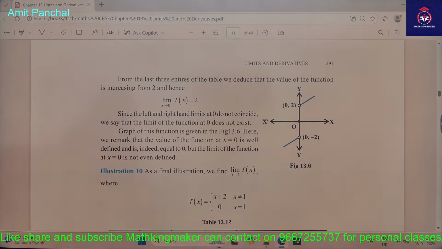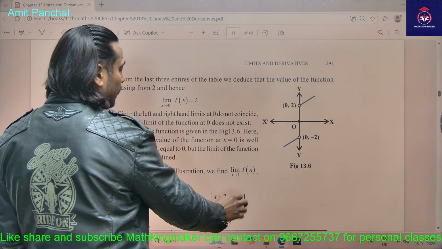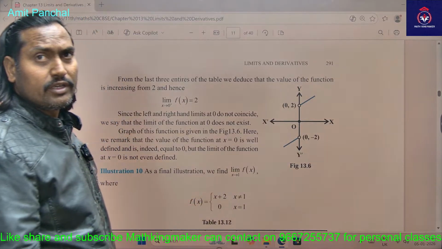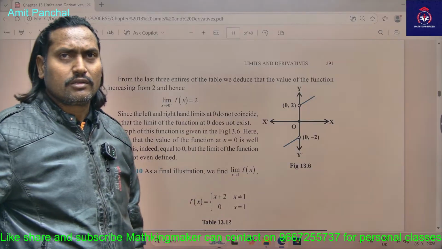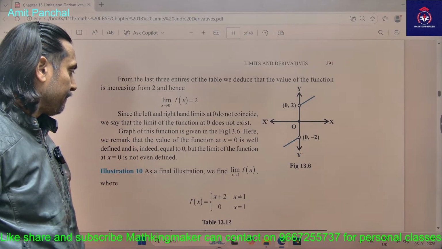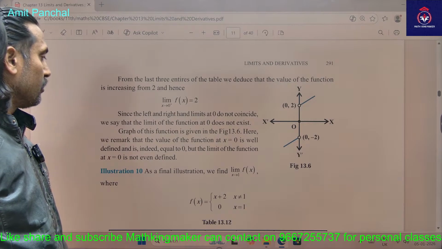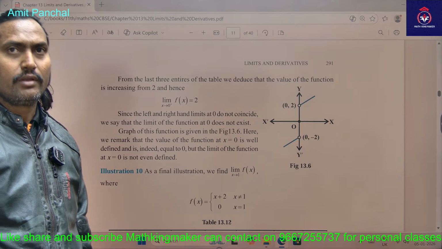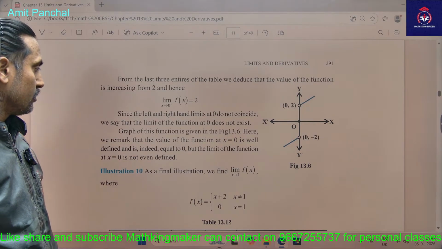First of all, you need to consider only x equal to 1. You need to approach x equal to 1 from the left and from the right. Yes, sir. After that, you draw a table, and f(x) will be 2.9, x will be 0.9, f(x) will be 2.99, something like that. Yes, yes.